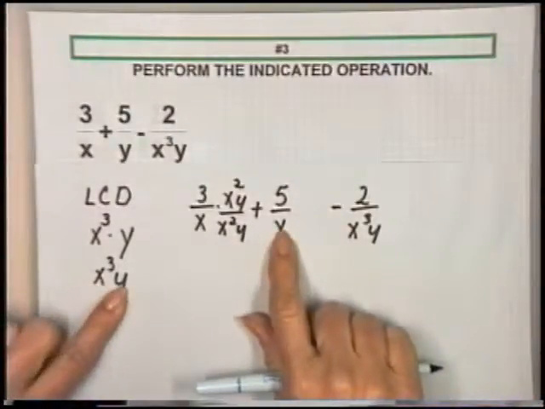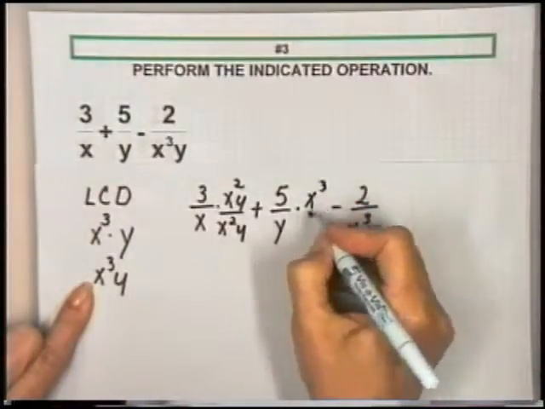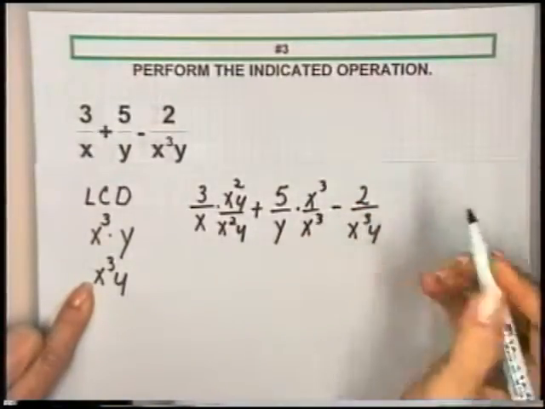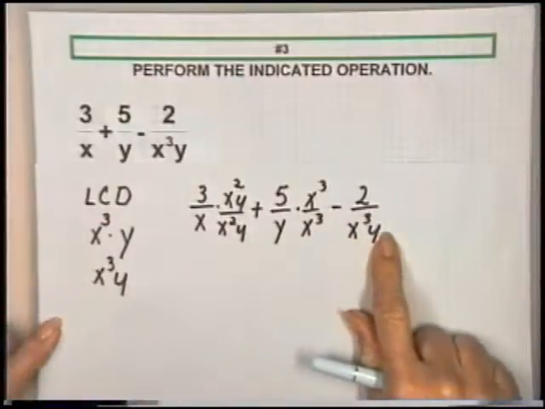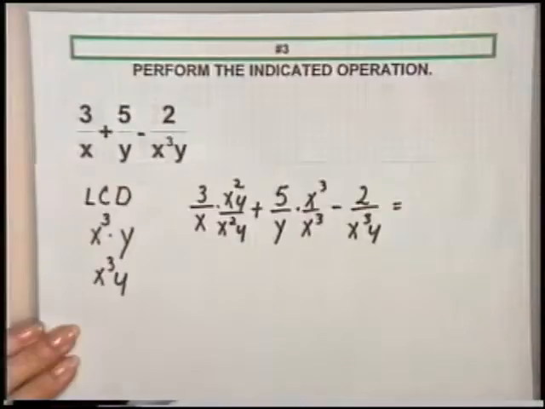For my second fraction, I have my y. I will need to multiply by x cubed over x cubed. And for my third fraction, I already have the common denominator, so I don't need to multiply it by anything.